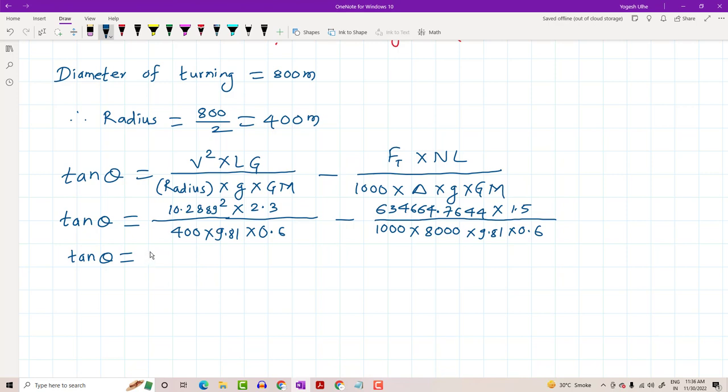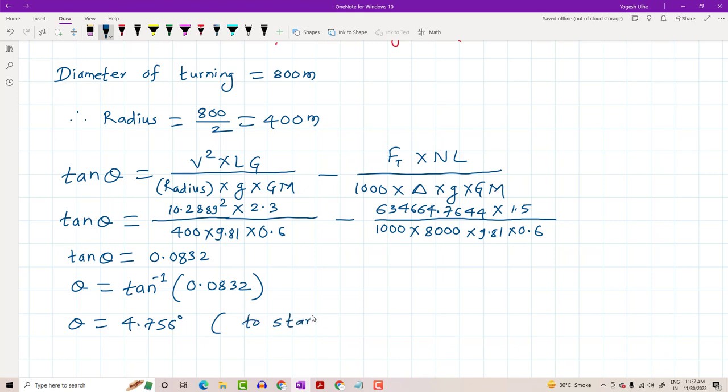If you do the calculation, tan theta is equal to 0.0832, and theta will be tan inverse of 0.0832. Generally I prefer up to 4 digits so that you get more accuracy. If you do the calculation, we will get 4.756 degrees to starboard side.